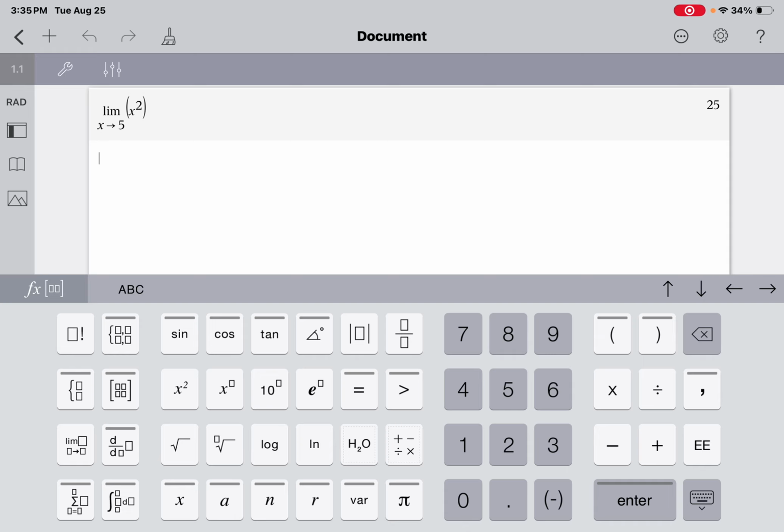Let's first put in the fraction bar: x cubed minus 4x squared minus 7x plus 10, and then all divided by x plus 2. Then let me put f of x in the front.